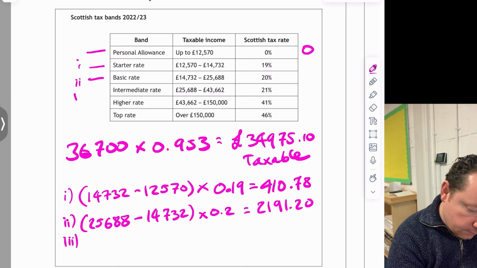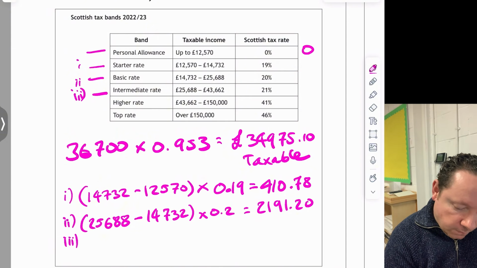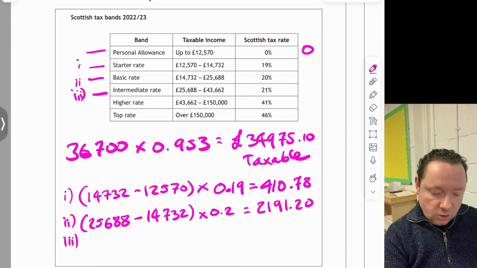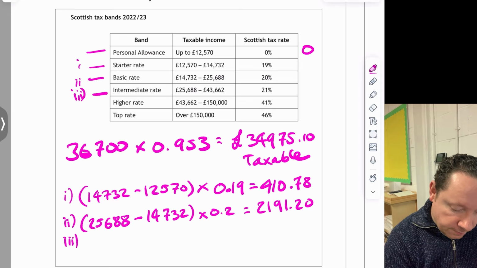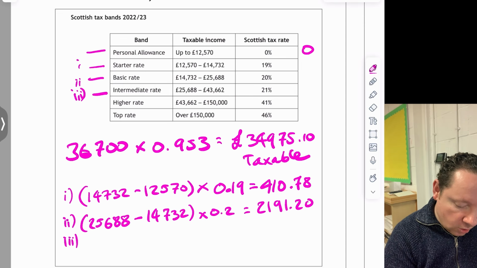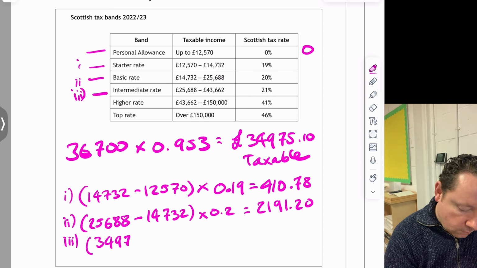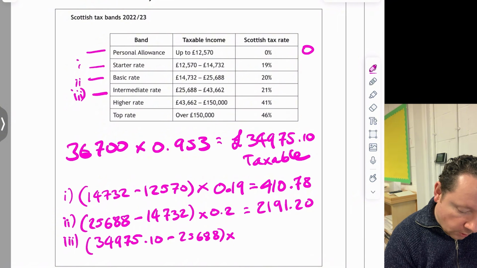That'll be this one. So in this case, I'm in intermediate now. 43,662 is above his salary, so I'll do his salary minus the lower. So his salary is 34,975.10 minus 25,688 times the percent, which is 0.21 this time.